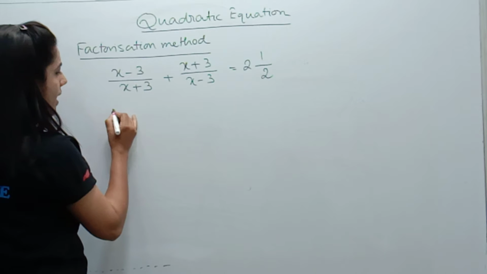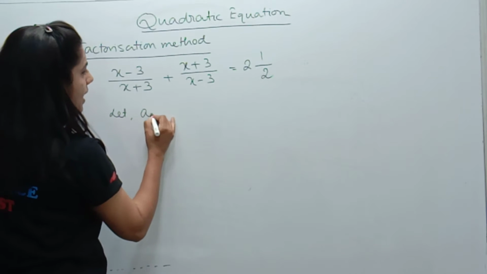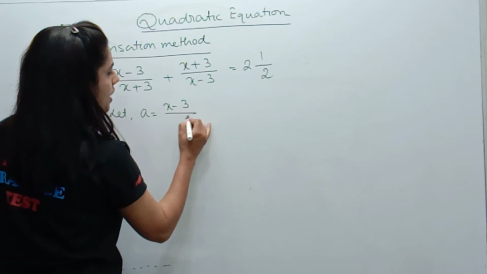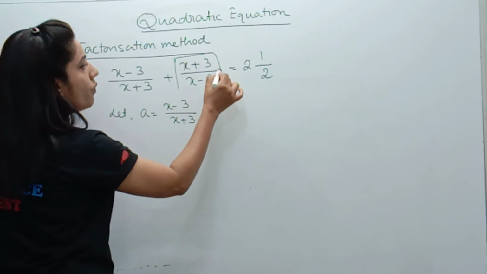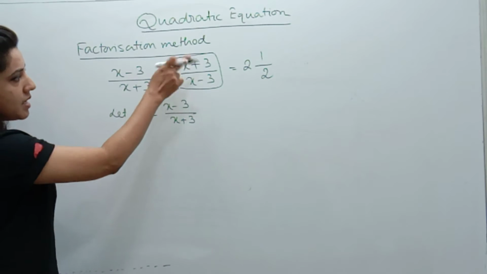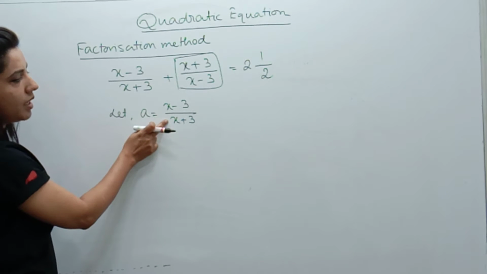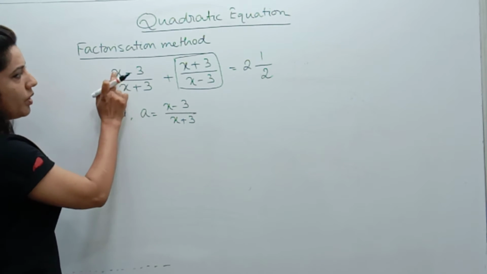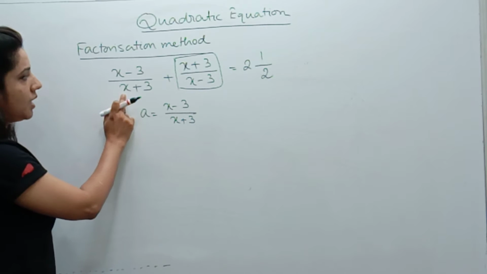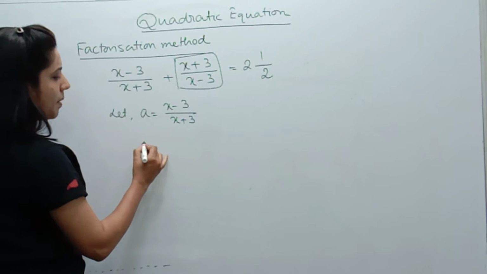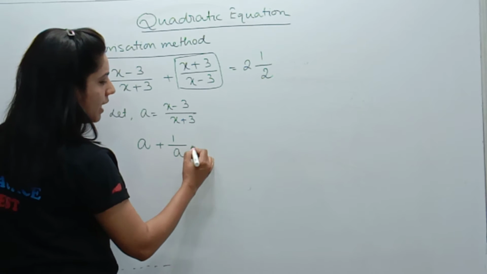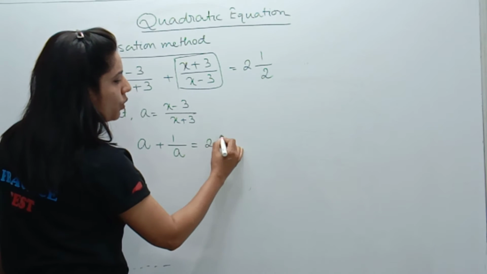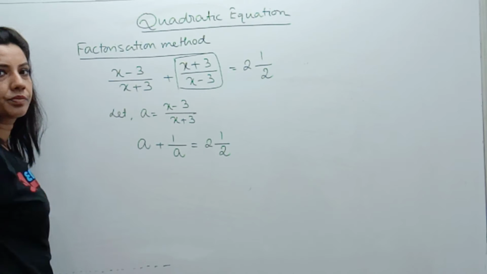So if I consider a is equal to x minus 3 upon x plus 3, then this will be 1 upon a, because this is just the reciprocal of this, right? So this equation becomes a plus 1 upon a is equal to 2 whole 1 by 2.